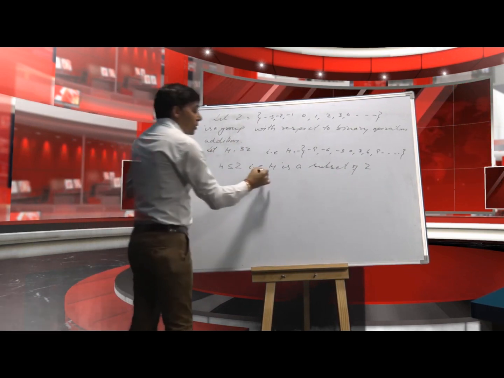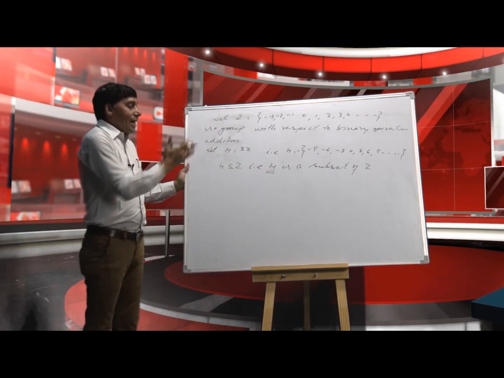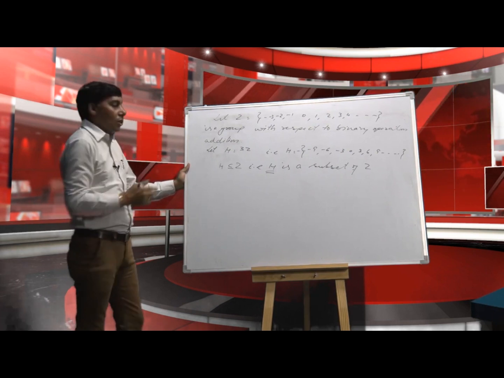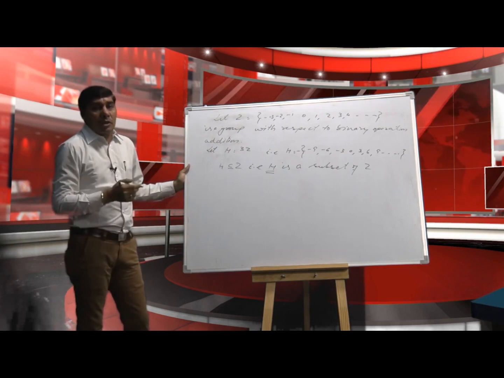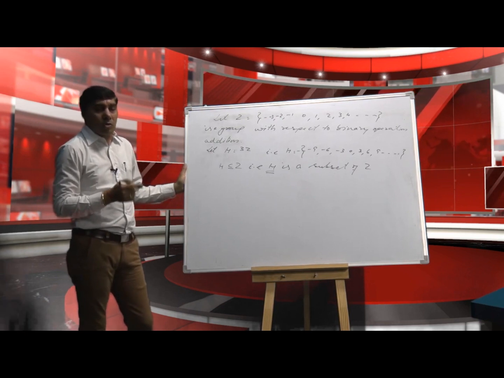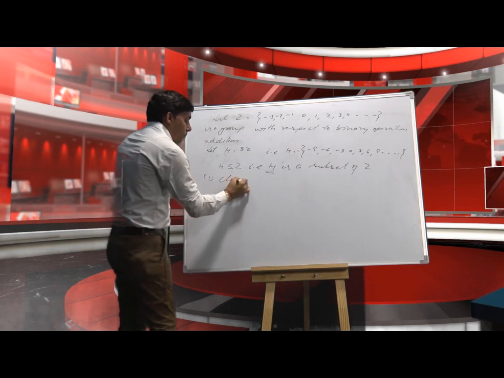Now, to prove H is a subgroup, we have to prove that H satisfies the properties of a group. That means we have to prove all four properties: closure property, associative property, existence of identity and existence of inverse. So first, closure property.